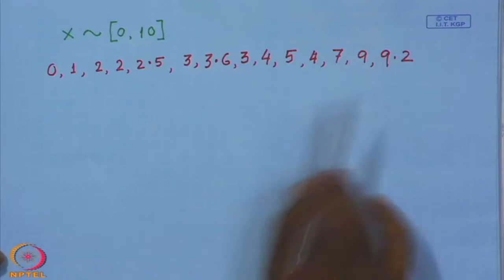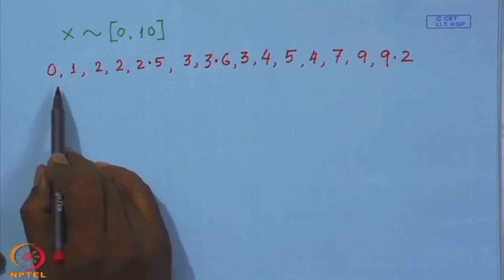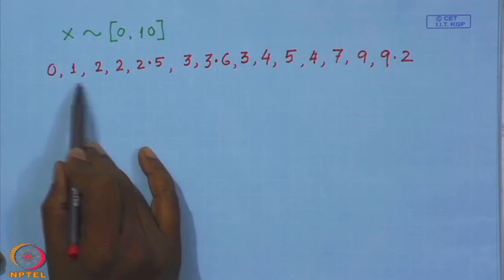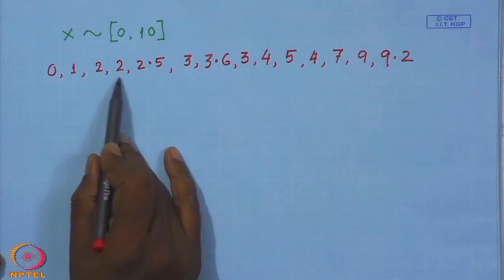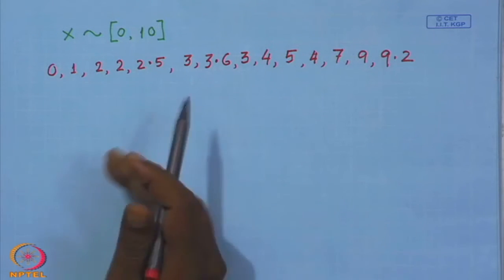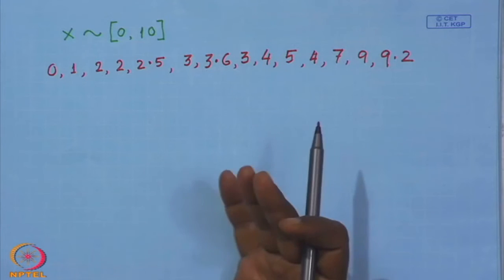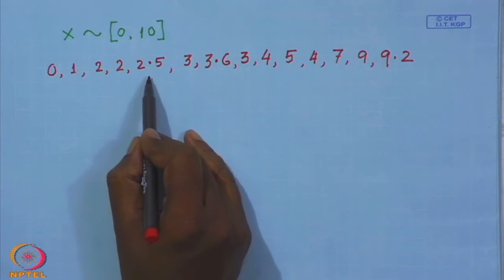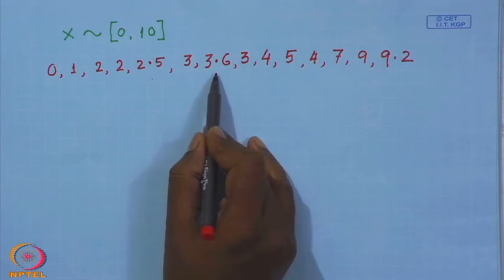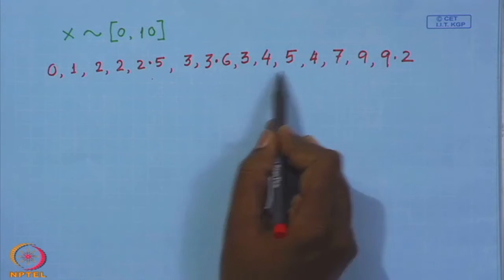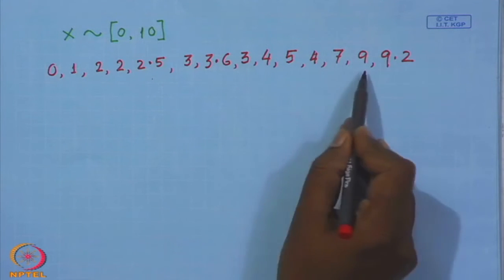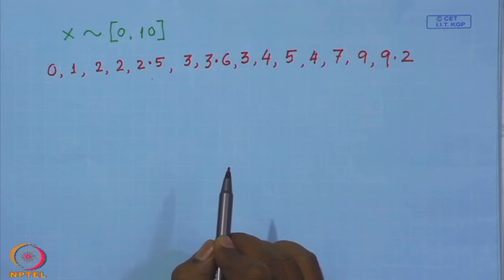So, you find that here I have a number of samples, the sampled values of x are 0, 1, 2, 2. So, 2 appears twice, because I can have 2 samples having the same value, then 2.5, then 3, 3.6, 3 again, 4, 5, 4, 7, 9, 9.2.